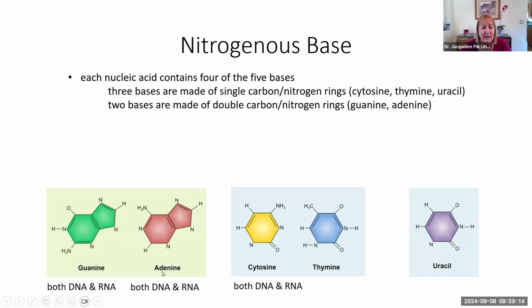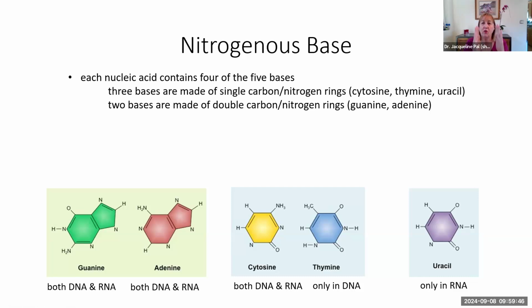Guanine and adenine can be found in both DNA and RNA, as can cytosine. In contrast, thymine is found only in DNA and uracil is found only in RNA. So just remember that thymine is only in DNA and uracil is only in RNA.